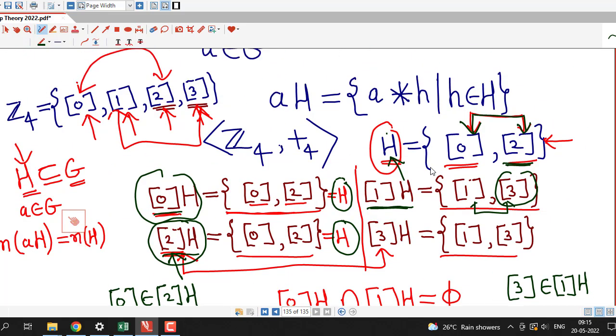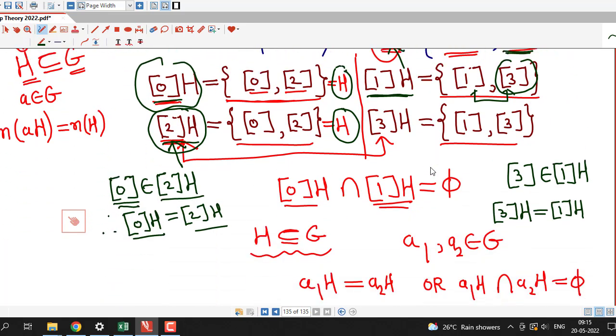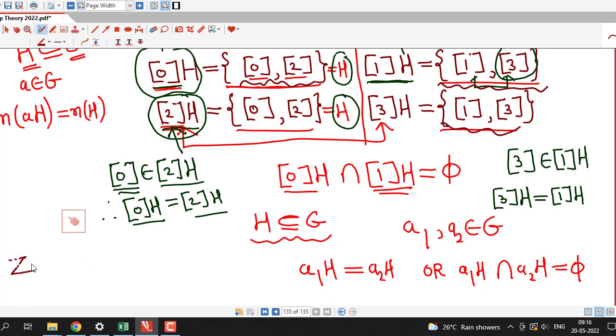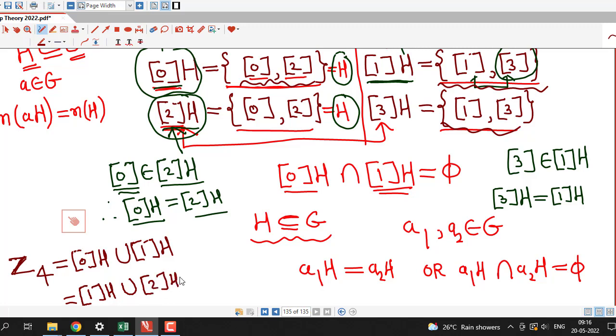And the last observation is, if we take the union of all these sets which are left cosets, then we will obtain the group Z4. We can write Z4 as the union of 0H and 1H, the left cosets generated by 0 and 1, or we can write 1H union 2H.